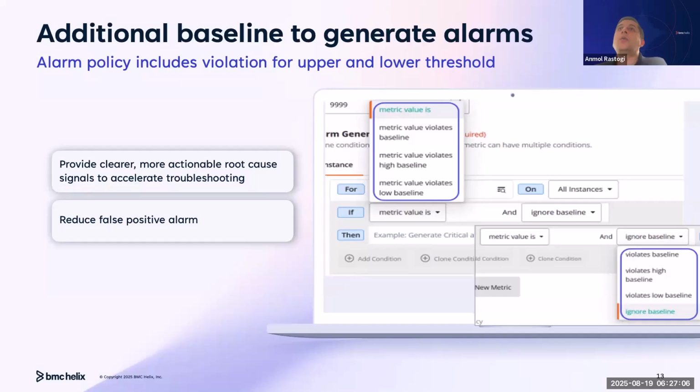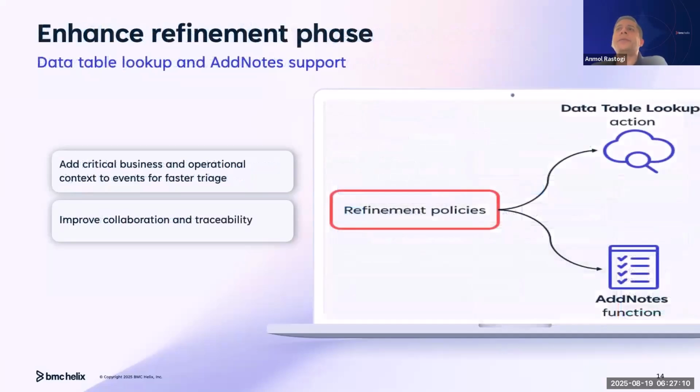So this was around the alarm policies. As I mentioned, under the refinement policies, which get executed even before blackout policies, as part of advanced management we have added support for data table lookup, where you can do event management before it goes to the blackout.